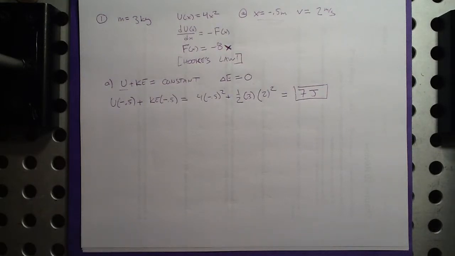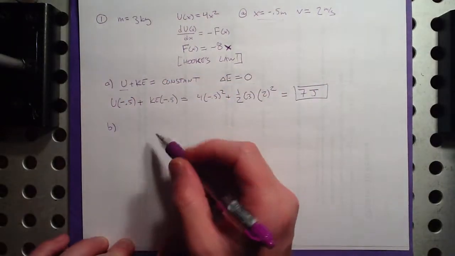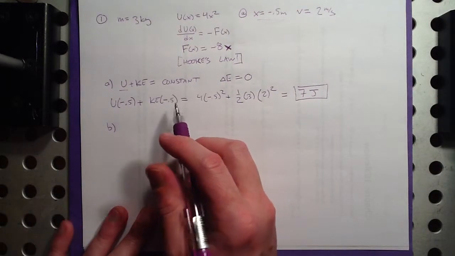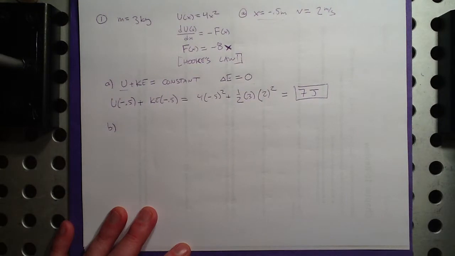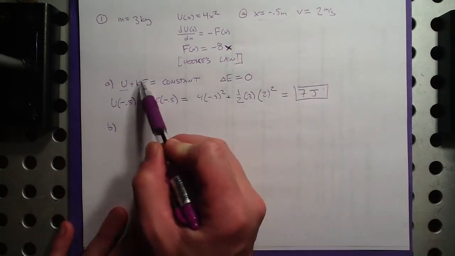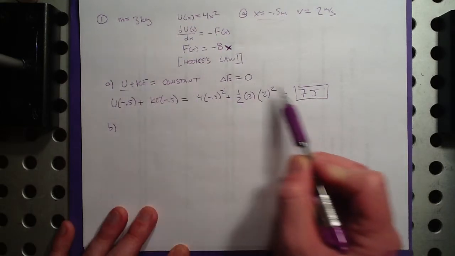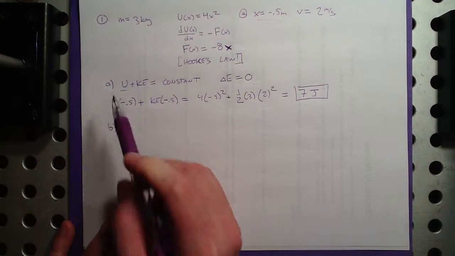Part B, they're asking us to calculate the x-coordinate of any points at which the object has 0 kinetic energy. Well, since the total energy is always 7, 0 kinetic energy means all 7 joules is taken up by the potential energy.